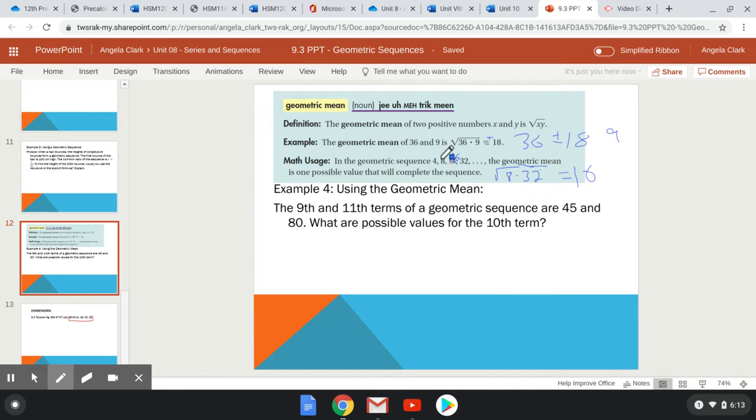That wouldn't necessarily always be the case. For example, if instead of this, I had been given 2, blank, 8, blank, 32, then I could have figured out that this was 16, and I could have figured out that this was 4, but I would not have known if they were positive or negative, because the positive or negative only affects every other term, so I still wouldn't know.